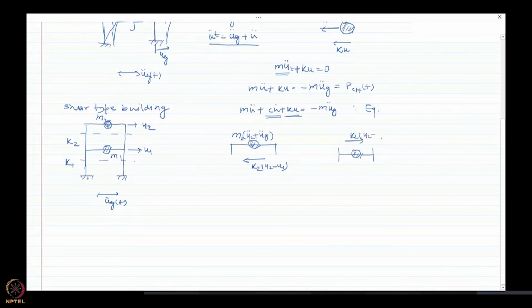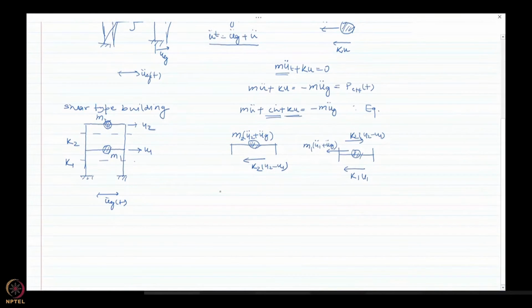Similarly for the first story, if I consider it like this, the force from the top would be equal and opposite to the force that you are applying here. So this would be k2 times u2 minus u1 in the opposite direction, and below it would be k1 due to the first story, times u1 minus this, which would be 0. And the inertial force would be m1 times u1 double dot plus u_g double dot. So we can write down separately the equation of motion for each of these.